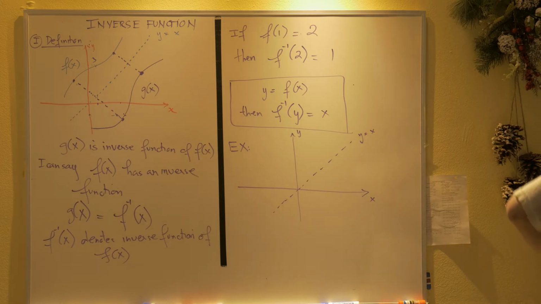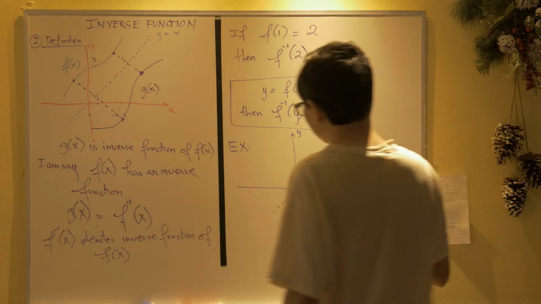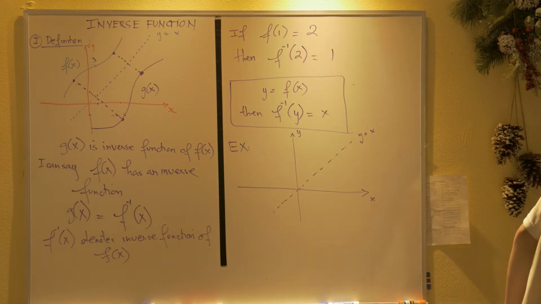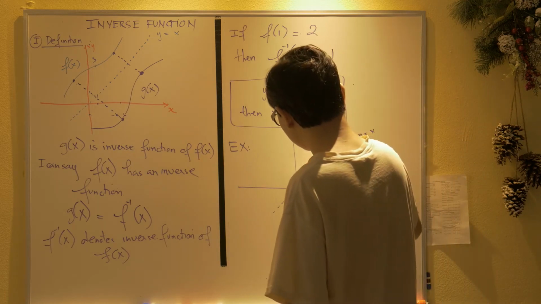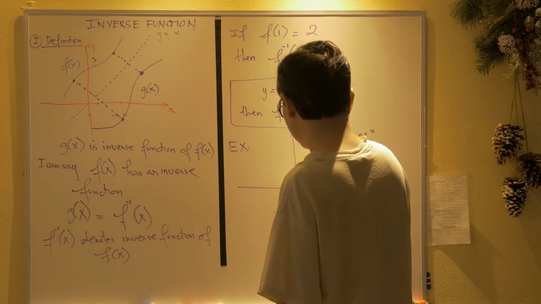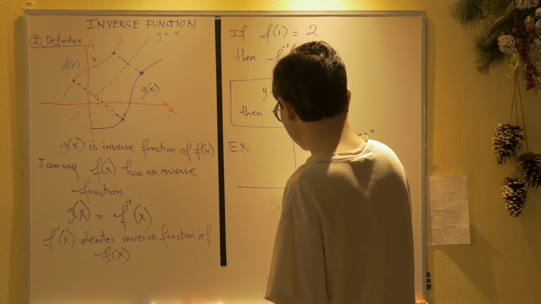Then I have a line that looks something like this. For example, 1, 2, 3. Okay, so I have a line that's going through.